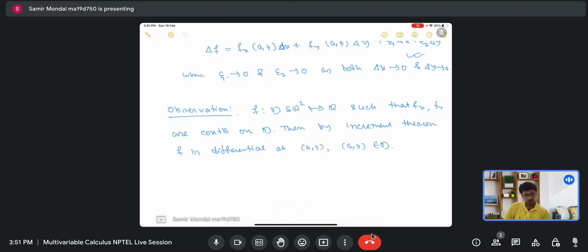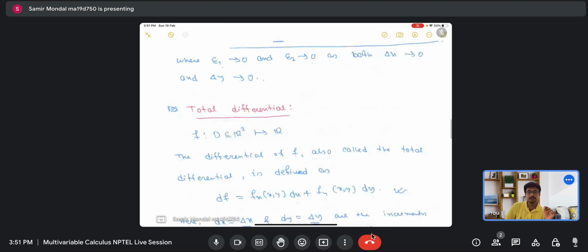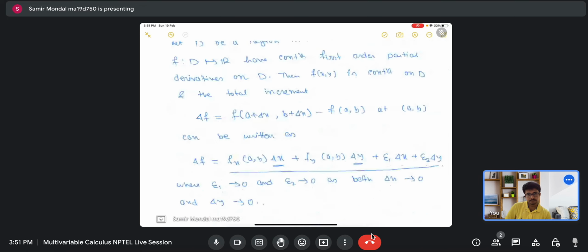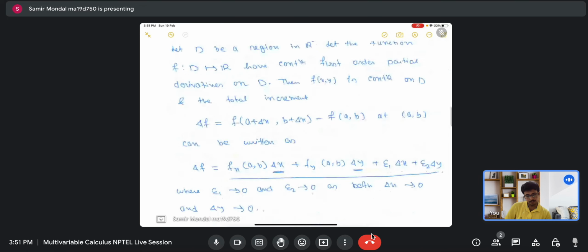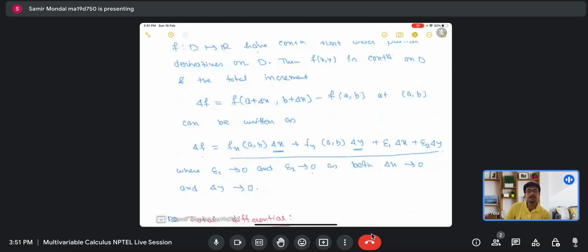So what is the f? f has continuous partial derivatives. Then by the increment theorem, what is the condition for the increment theorem? f has to have all partial derivatives continuous, then our total increment can be written in this form.